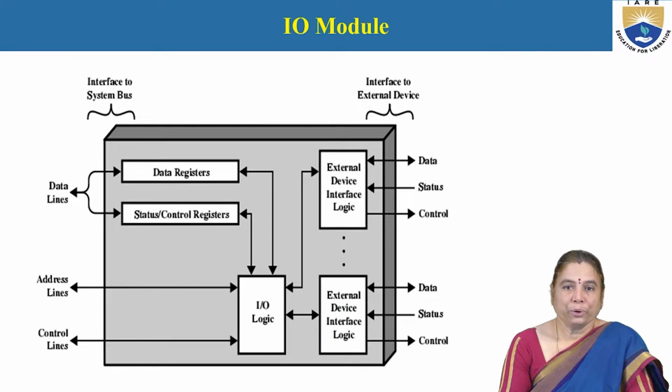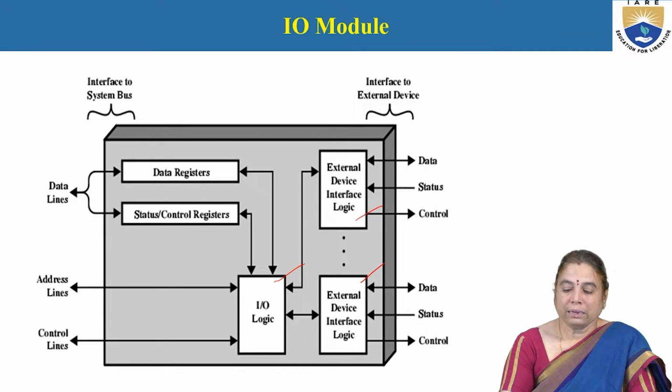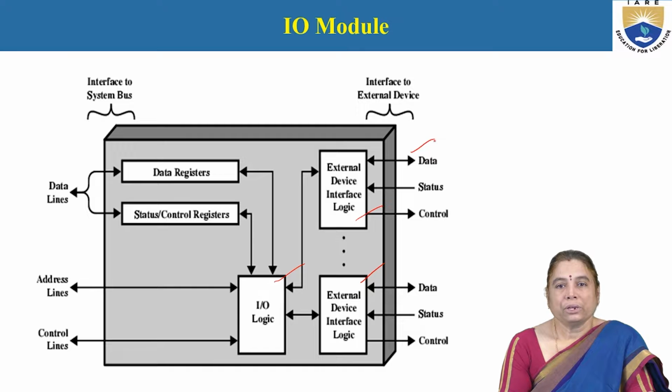How can the I/O module receive the information? This is the I/O logic, and a variety of external device interface logics can be connected via the interface devices. Each external device interface logic can have three communication lines. One is the data communication line, which carries the actual data for read and write operations. Control is used to carry the control signals to indicate what operation is to be performed, either read or write.